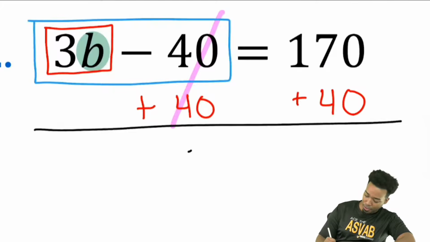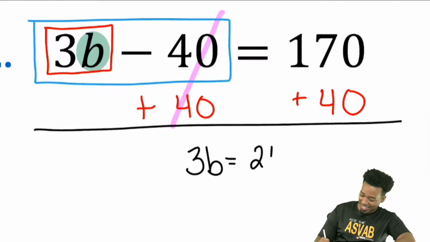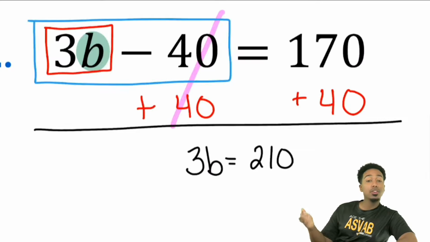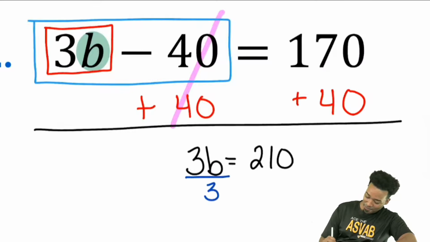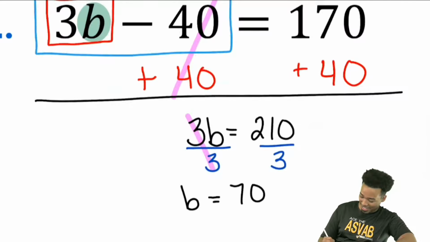And now we have 3B equals what? 210. Right on, guys. Dominic, I think I just missed that comment right there. Yep, exactly. So now we have 3B equals 210. The last step is dividing by 3 on both sides. Divide by 3 right there and there. Booyah, and we have B equals 70.